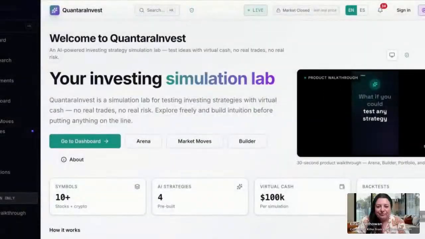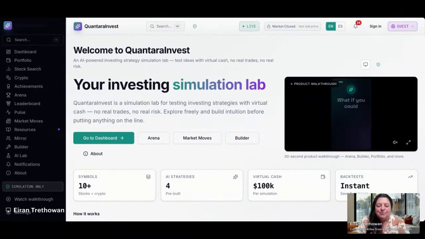So this landing page that I'm building out for them is basically the infrastructure to open the door for people to come in and have a try of their product and purchase and go onto their monthly plans and all the things that they've got coming. So this product's called Lawrence. Lawrence has his product. It's called Quantara Invest. I'll get the name right. And it's basically an investing simulation lab.